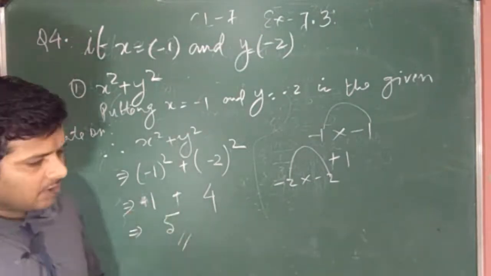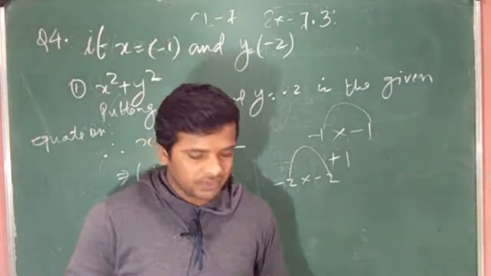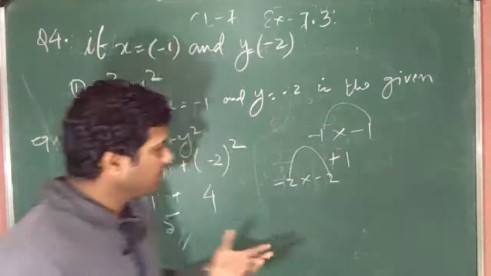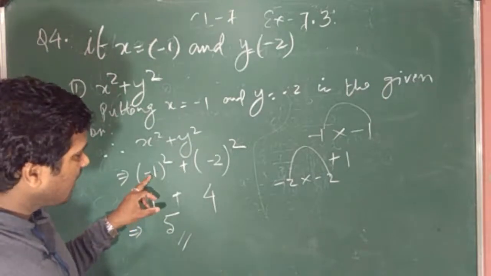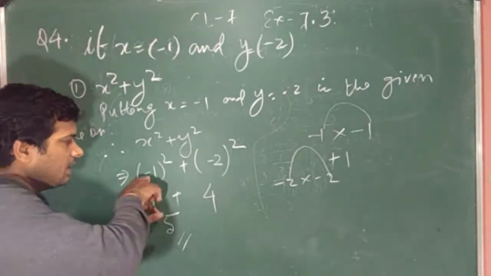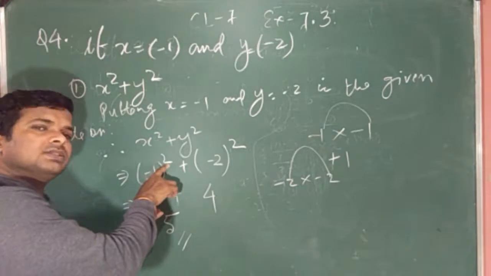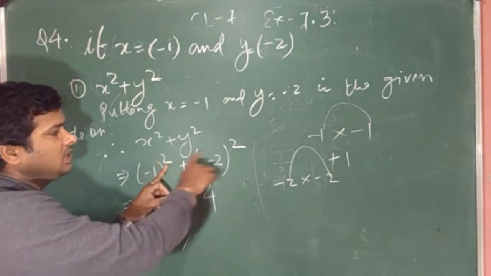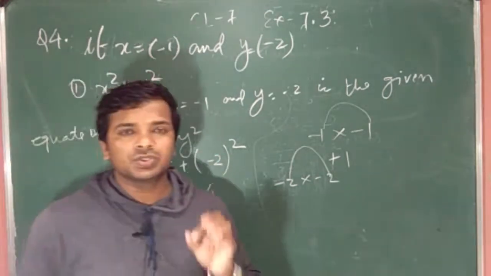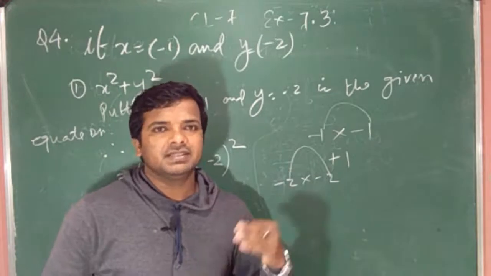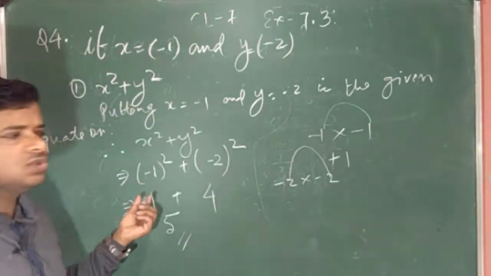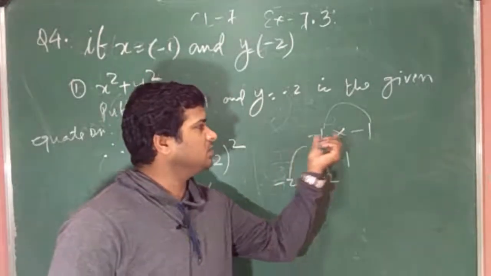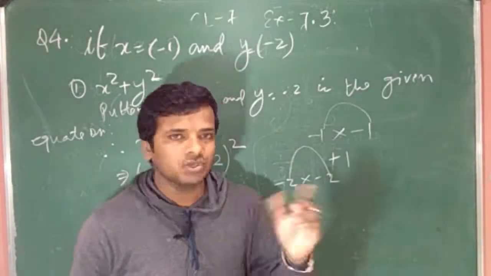Try to understand, because you are in class 7, you are going to get many questions like that. In future, if you find minus here and the power is an even number, like 2, 4, 6, 8, 10, that means this minus will not repeat here. No need to count, no need to multiply minus into minus like this.